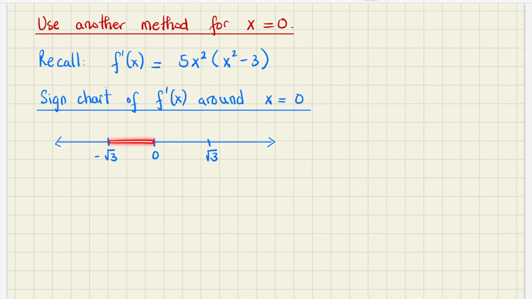So let's pick a number in this region. Say I pick negative 1. Negative 1 squared is 1, and 1 times 5 is positive. Negative 1 squared is positive 1, minus 3 is negative. Negative times positive is negative.